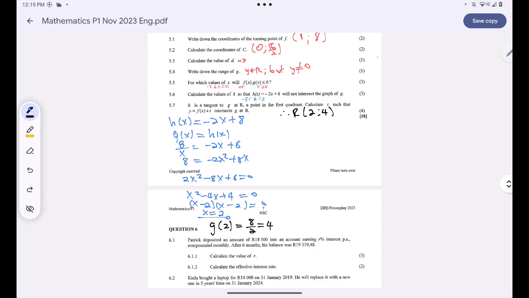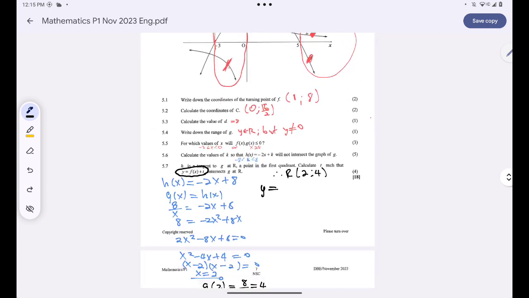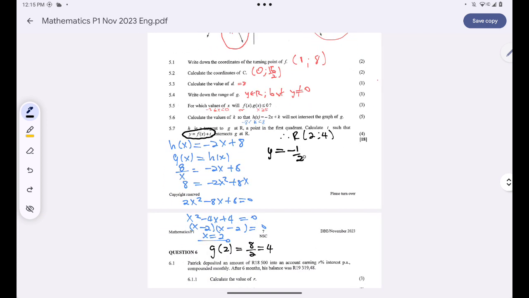Why? Because I was told that the graph of h and this graph, they intersect at point r. Are you together? So I will know that the graph y equals f of x is negative half (x minus 1) squared plus 8, right?